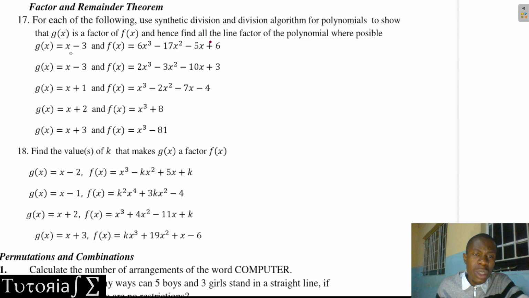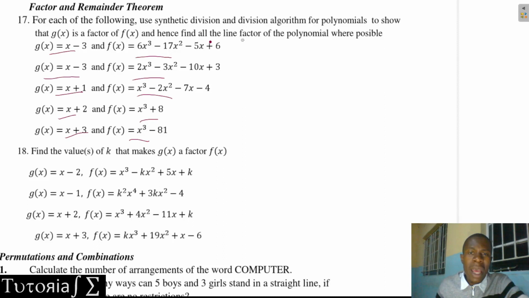To show that this is a factor of this, we're basically going to divide this into this. If it leaves no remainder, then we say it is a factor, but if it leaves a remainder, then it is not a factor.